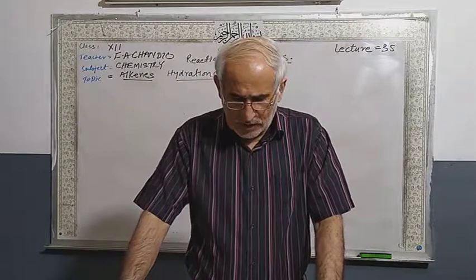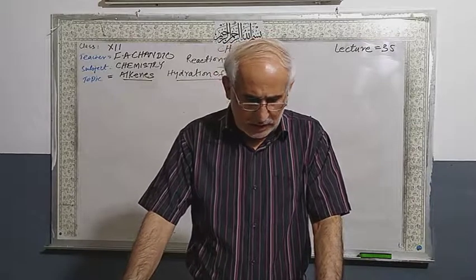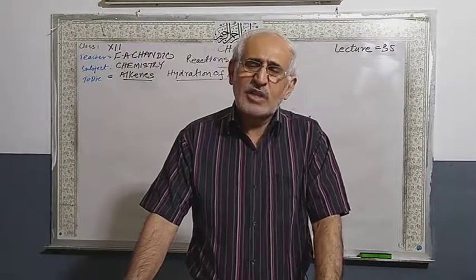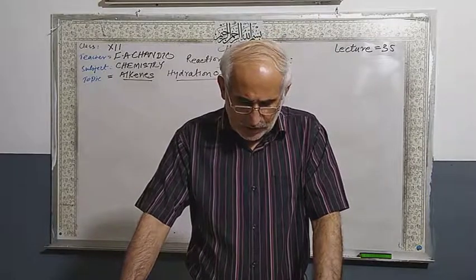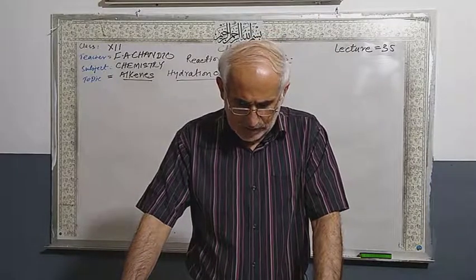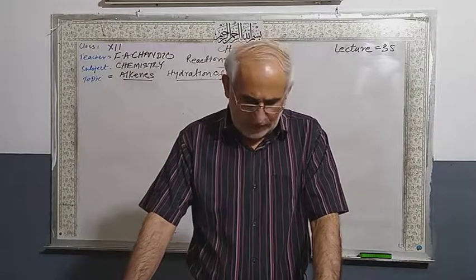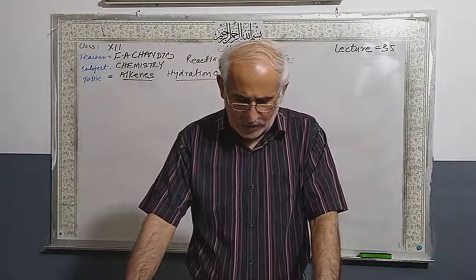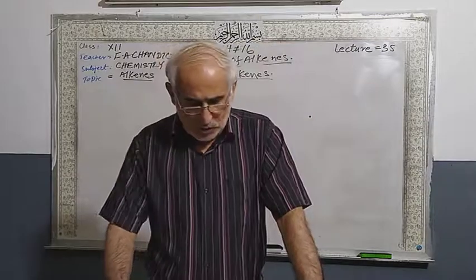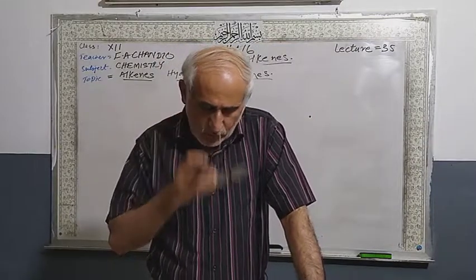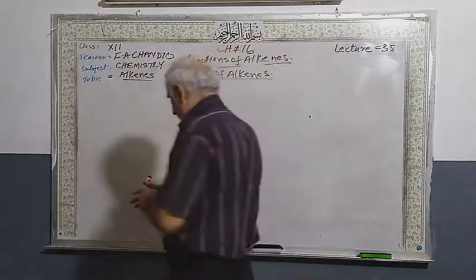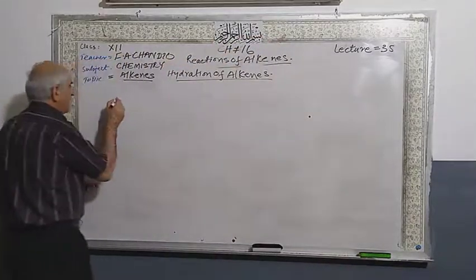It is possible: alkenes are soluble in cold concentrated sulfuric acid. They react by addition to form alkyl hydrogen sulfate. These alkyl hydrogen sulfates, on boiling with water, decompose to give the corresponding alcohols. So dear students, this is the reaction I am going to write.